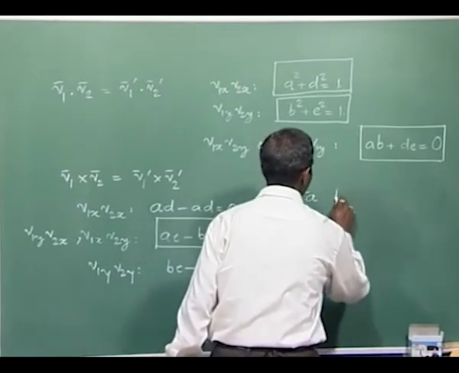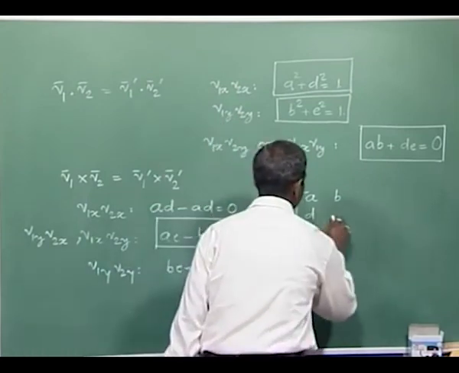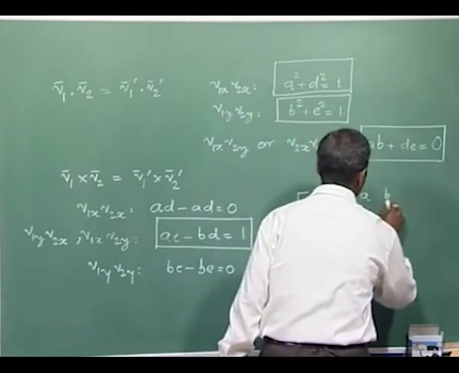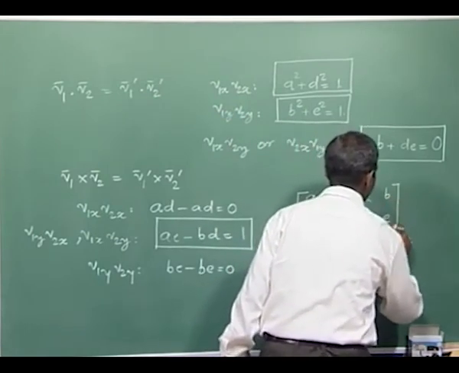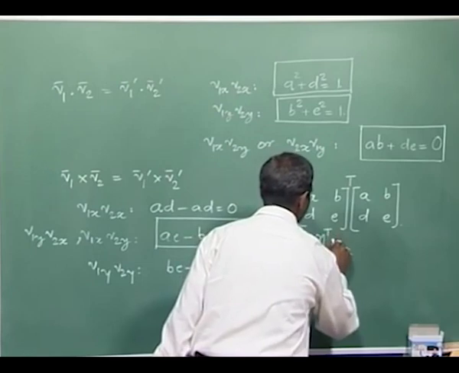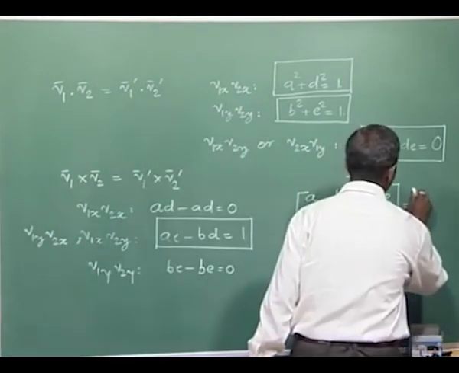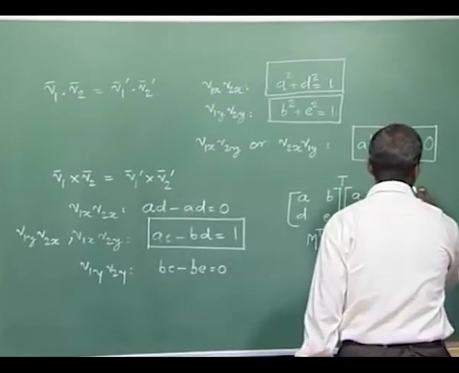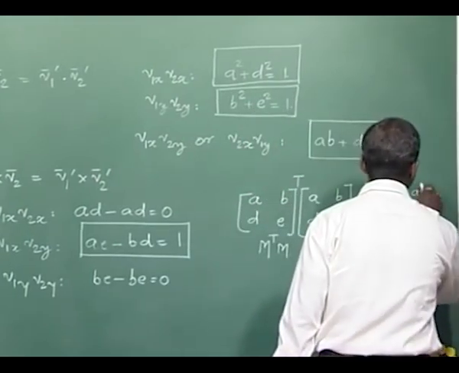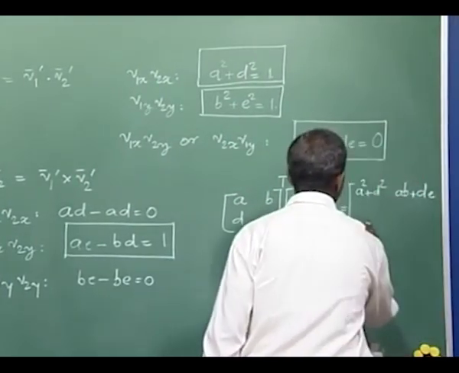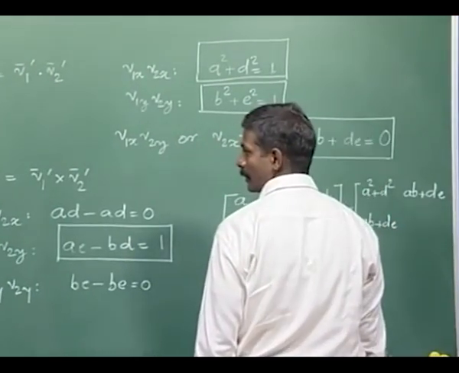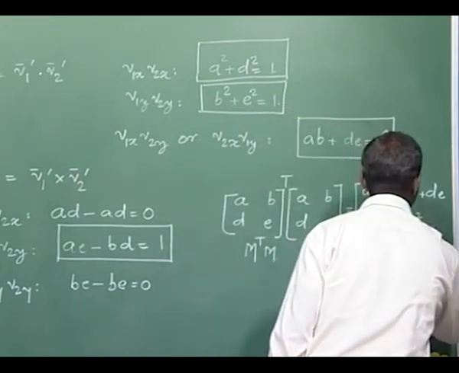AB DE transpose AB DE. If I call this matrix M, then this is M transpose M. On working the algebra out, this would give me A squared plus D squared, AB plus DE, AB plus DE, and B squared plus E squared.